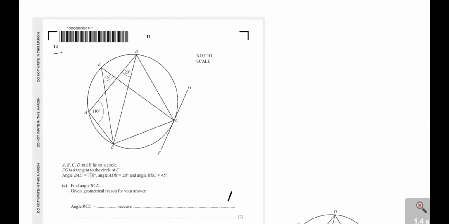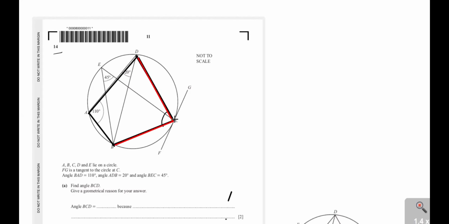Question 14. A, B, C, D lie on a circle. FG is tangent to the circle at C, angle BAD is 110, ADB is 20 degrees, BEC is 45. Find the angle BCD. Give geometrical reasons for your answer. Angle BCD equal to, look here, this is the angle BCD, and this angle BCD lies on this cyclic quadrilateral ABCD, and we have to calculate this angle BCD.